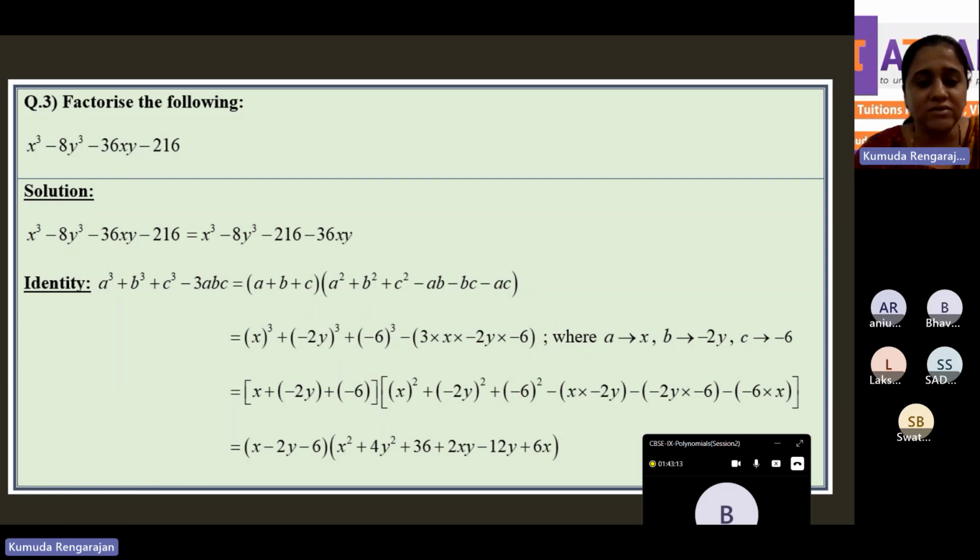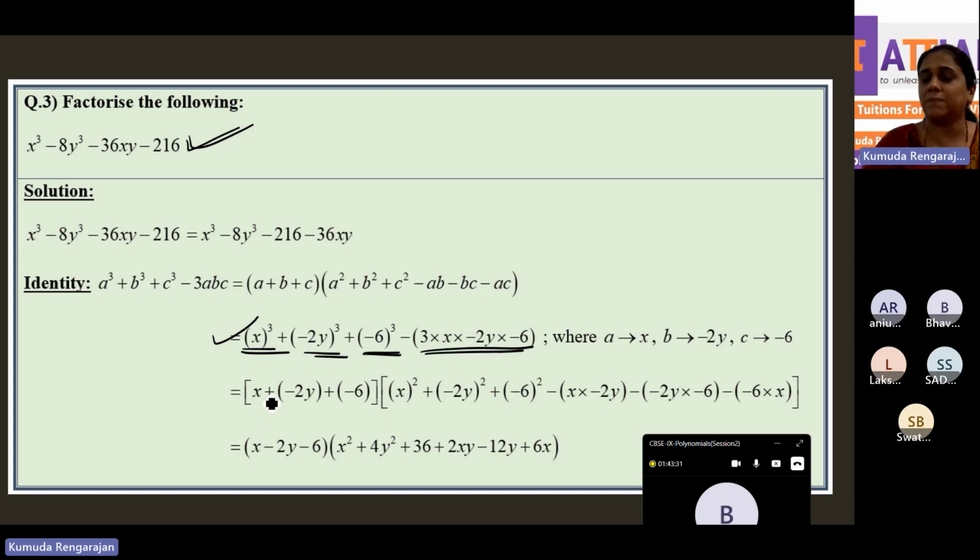So now what we have done in this step is we have just presented the expression in the form a cube plus b cube plus c cube minus 3abc. We are still in the question only.